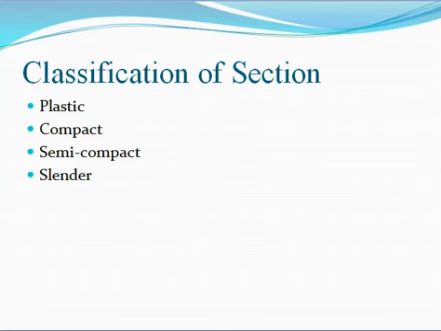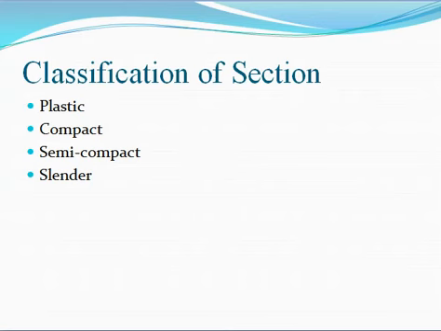Means we have to first find the width to thickness ratio, and based on this value we have to classify the section, whether it is plastic, compact, semi-compact or slender. Means we have to classify the section based on the width to thickness ratio of the element. Now what is meant by element?